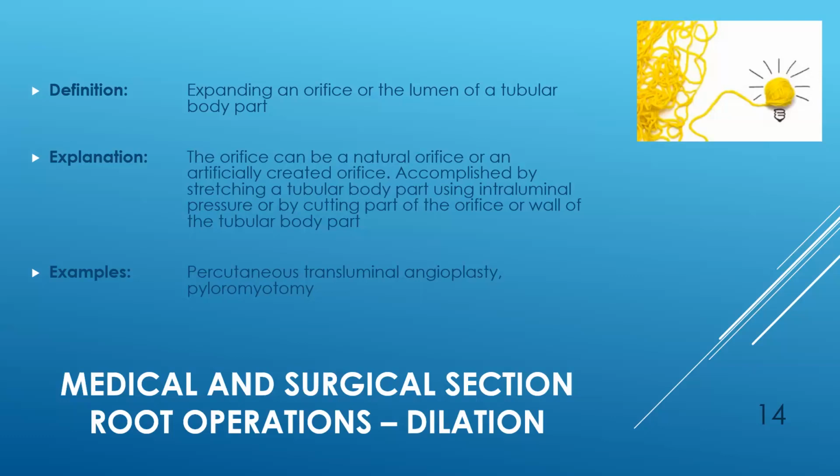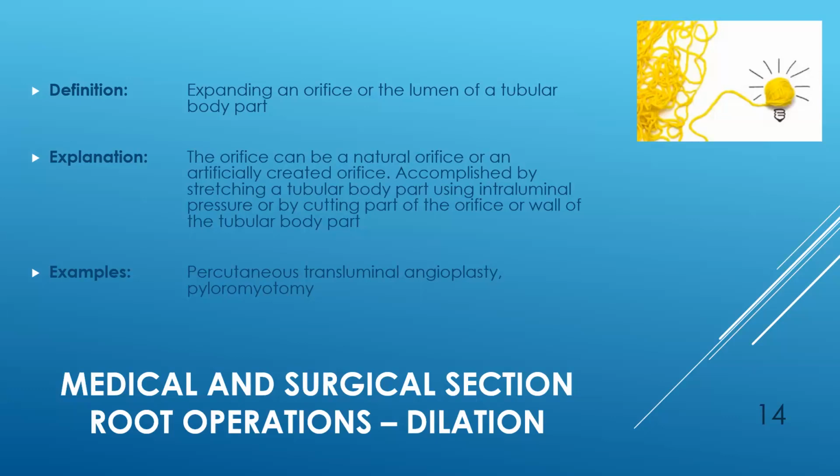So they can go in and do a dilation, accompanied by stretching a tubular body. They're going to basically stretch it like a balloon angioplasty, using intraluminal pressure or by cutting part of the orifice or wall of the tubular body. Percutaneous transluminal angioplasty is a good example. They go in endoscopically with the needle.